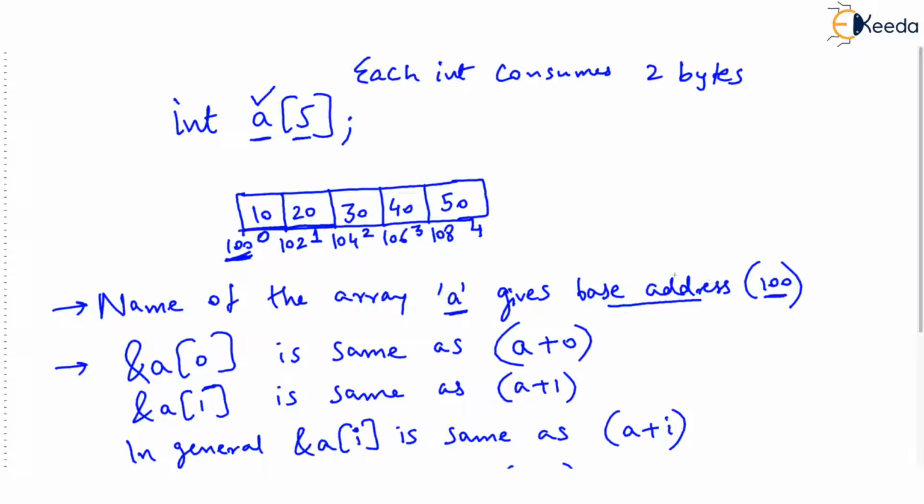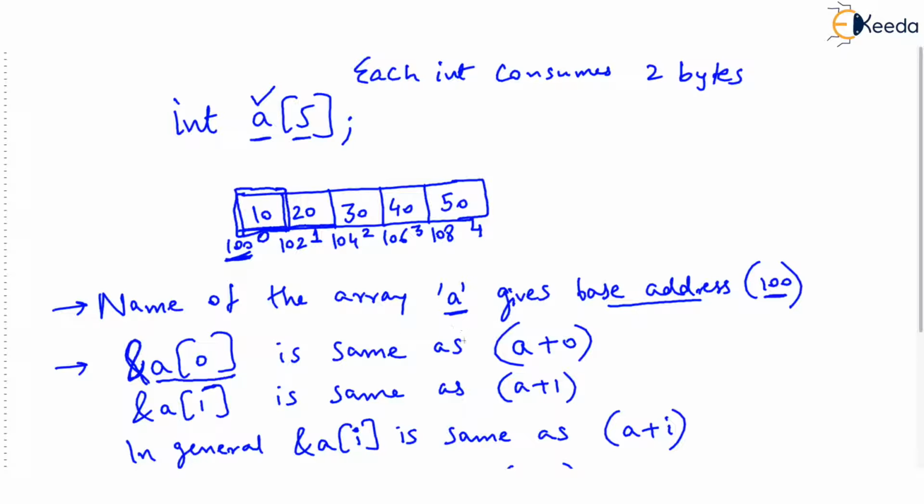Some more notations that we saw in the previous videos: suppose you want the address of this 0th element, that is 10, stored. What is the address of this? Then one way is to write the ampersand symbol, which is the address operator, and then say whose address you want. You want address of A0.